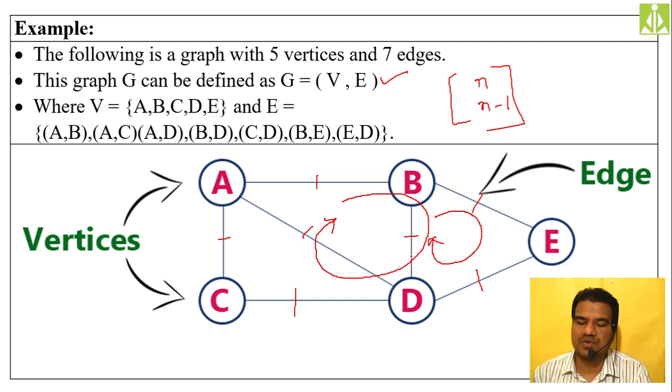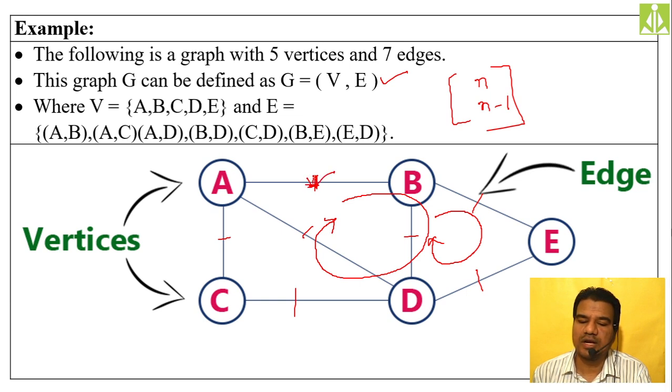So all these edges, if you put them inside a set, how are we naming a particular edge? You just see that. We simply write the two endpoints of that edge within parentheses separated with a comma. So this is how we are representing a particular edge. To represent this particular edge, see here, I am highlighting this one.